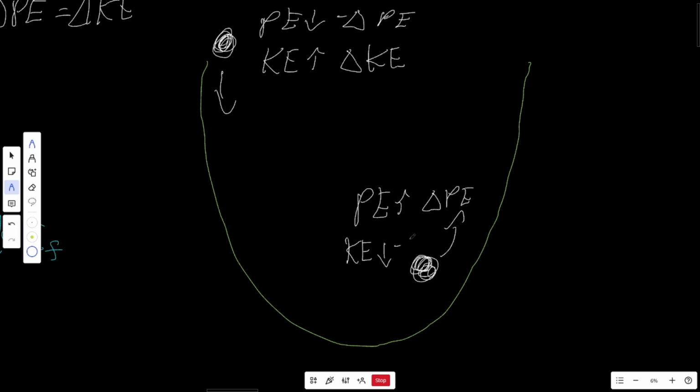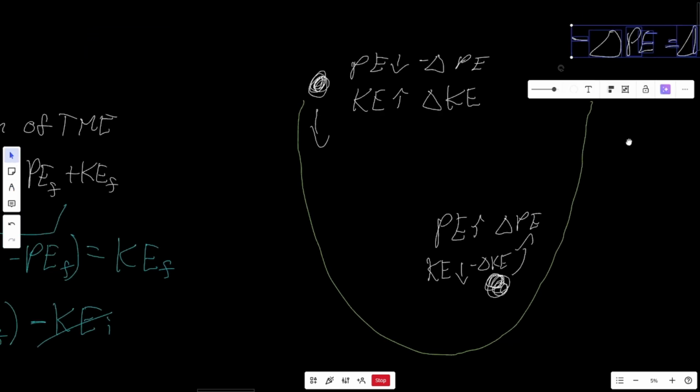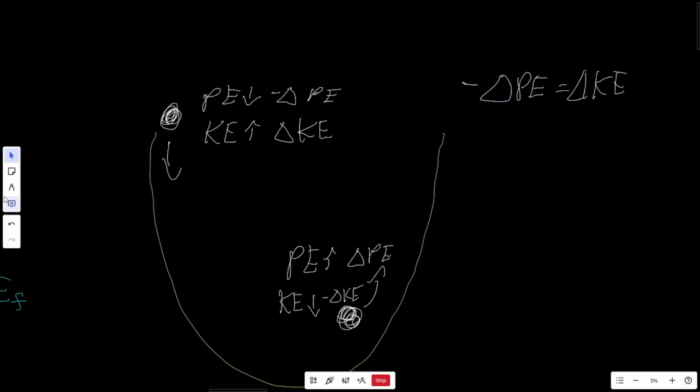So it has a negative delta. And this is now true because this equation right here can be written as delta PE is equal to negative change in KE, as seen in these situations. So that is how you prove those three work energy relations.